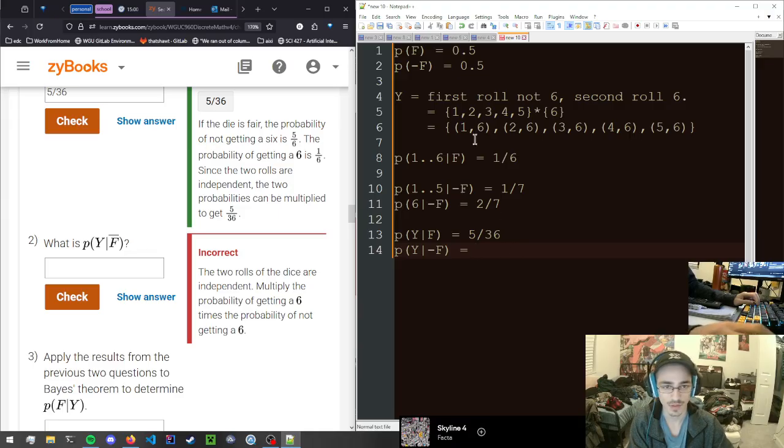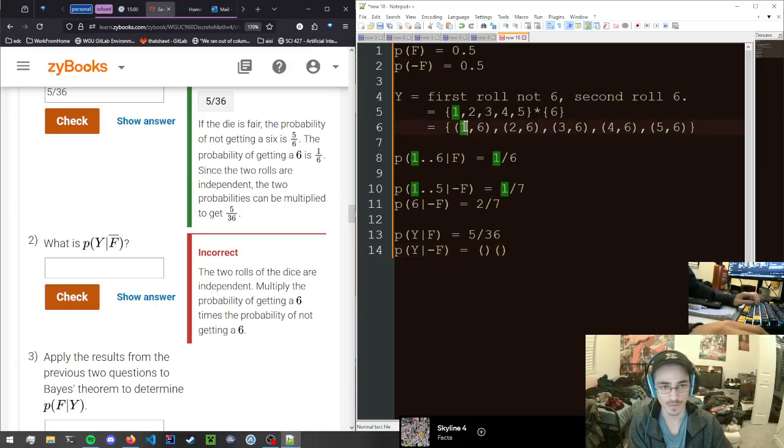All right, let's do the second one. So this distribution, let's sum up all the probabilities of all the outcomes in the event given this conditional. We can use these to do that.